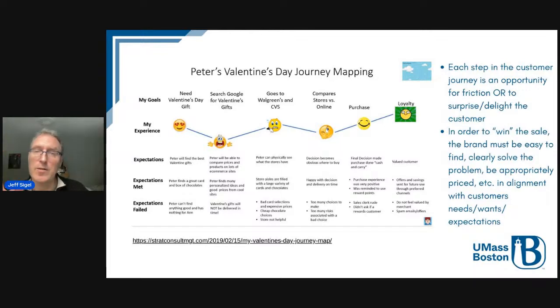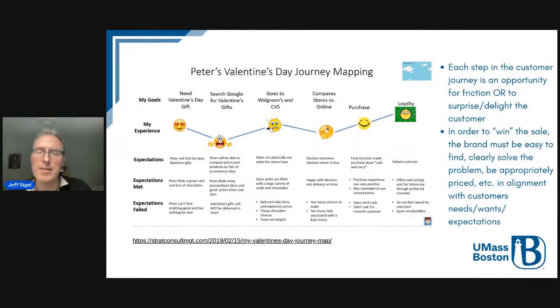So in this case, he's adding a step where he goes back to, all right, now I'm going to compare store versus online. This is what I mean when I say it's not completely linear. In this particular journey, he goes back and rethinks his consideration. Should I get it online or whatever?